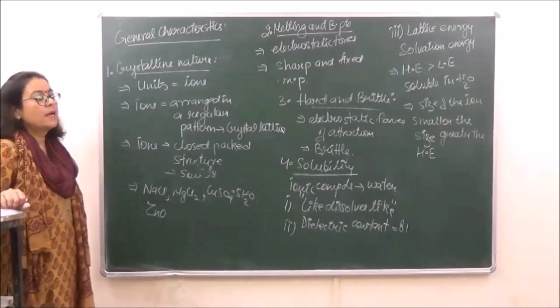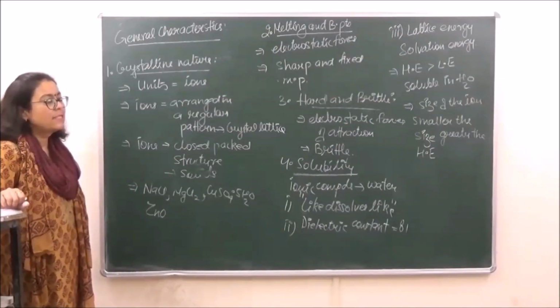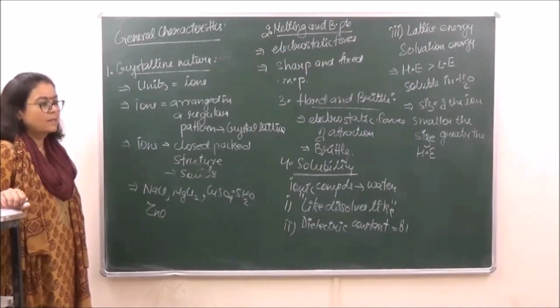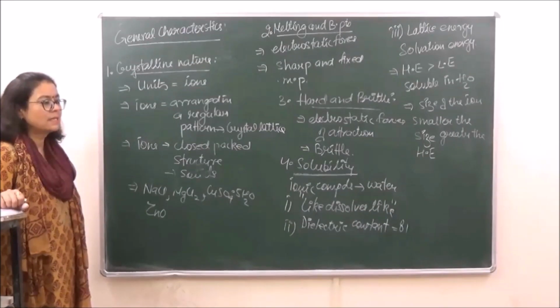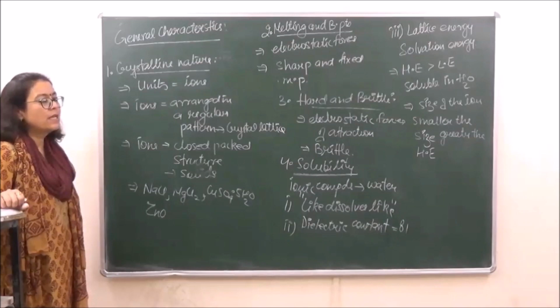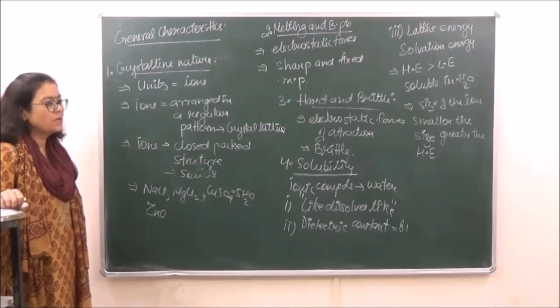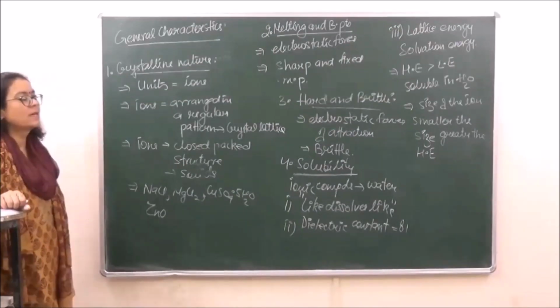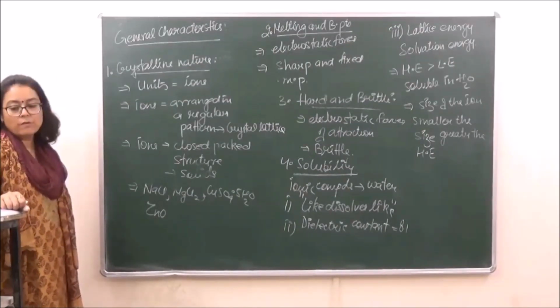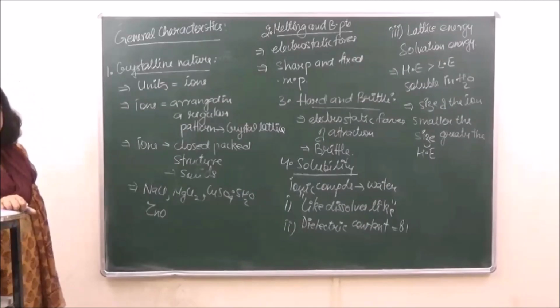For example, if we are comparing NaCl with cesium chloride, down the group the size is increasing, isn't it? So NaCl has a smaller size, so its hydration energy will be more. If the hydration energy is more, then the solubility is also going to be more.